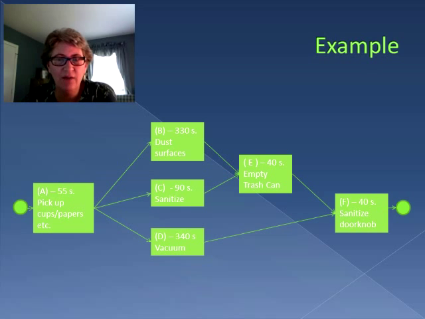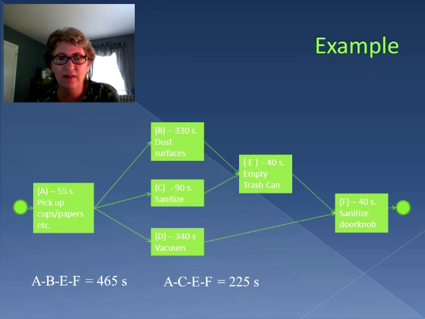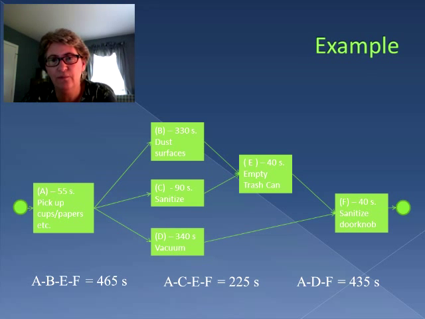So here we have the same diagram, but with the changed times for B and D. So let's take a look. A, B, E, F. Well, that's now 465 seconds. A, C, E, F, that didn't change at all because none of the activities on that path changed, at 225 seconds. But lastly, A, D, F, that changed, and it's now 435 seconds.